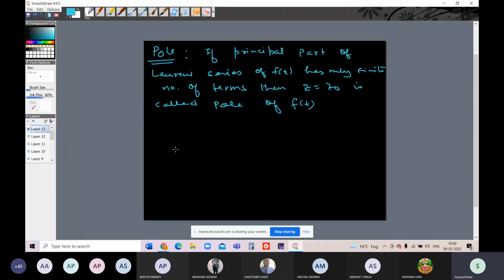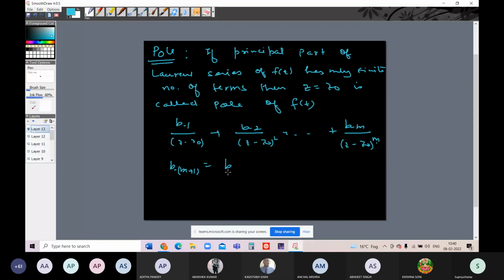It means that if in the principal part there are terms like b_1 over z minus z naught, b_2 upon (z minus z naught) square, and it contains m terms, b_m upon (z minus z naught) to power m, and the rest of the terms after this mth term, that means the (m plus 1)th, (m plus 2)th term and so on, all those coefficients are 0.